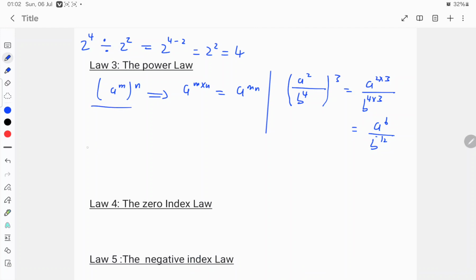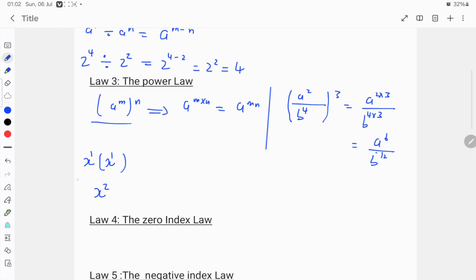If I have x times x, this one is different. This one means I have x power 1 and x power 1. Now as I'm multiplying them, they're going to be x squared. That means I have added the index. This one goes with the first law, because a bracket simply means times as well. Okay, so that is what you're doing now.